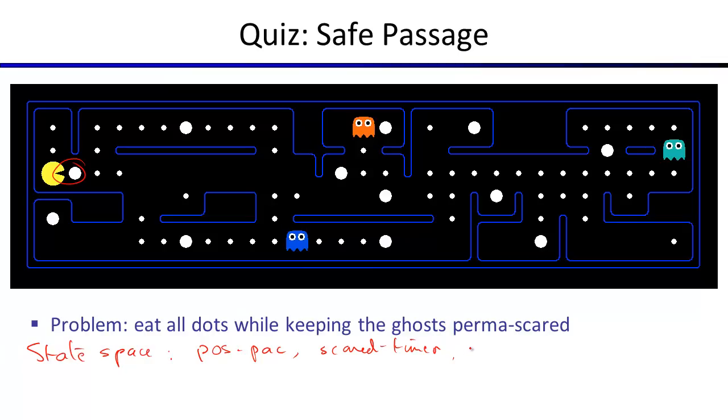So the dot booleans and power booleans. And the number of steps to the nearest power pellet.